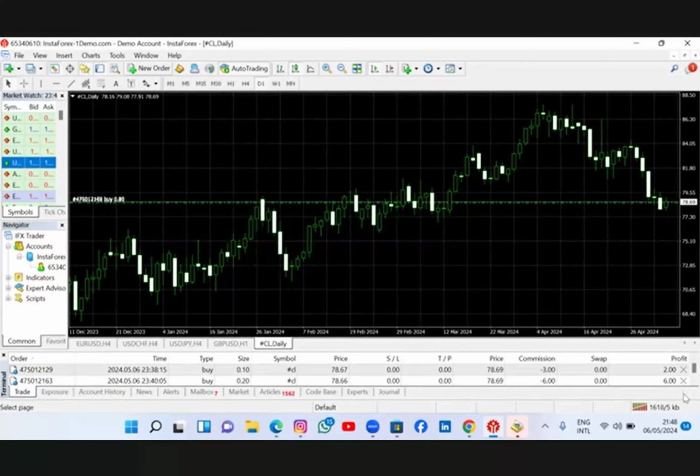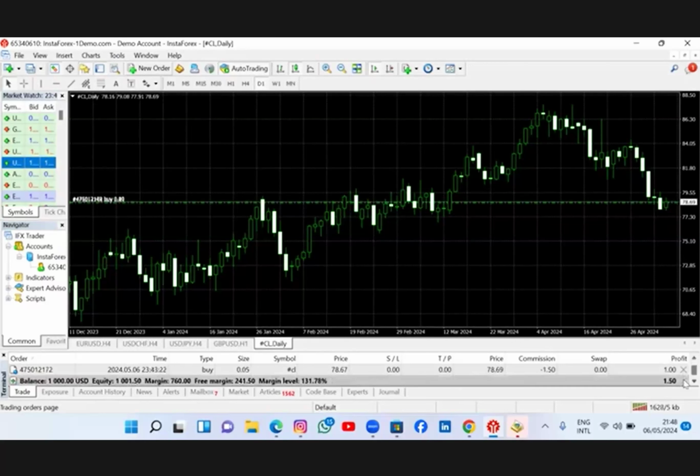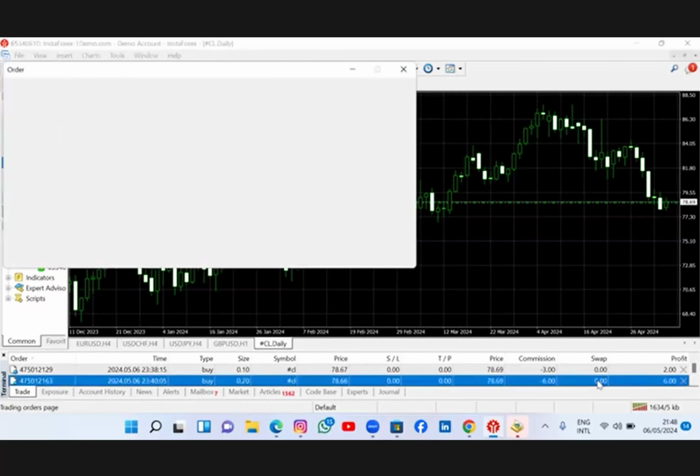Go up, then go right, under your $6. Then go left. No, I didn't say you should scroll down the profit side. Scroll up, then double click. Just double click anywhere there.